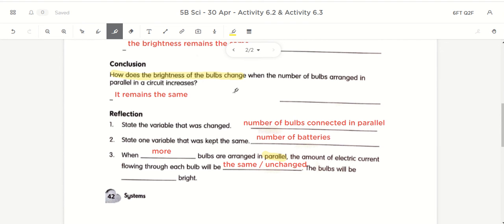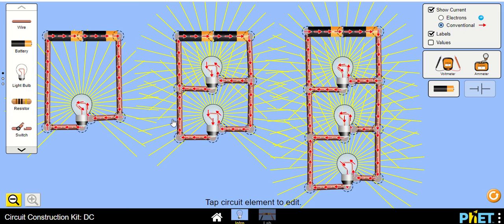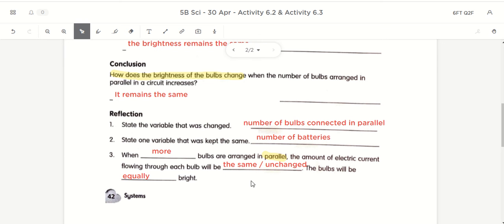The amount of electric current flowing through each bulb is unchanged, so the bulbs will be equally bright. Whether it is A, B, or C, whether it is one bulb, two bulbs in parallel, or three bulbs in parallel, the brightness of the bulb remains the same. It will be equally bright.